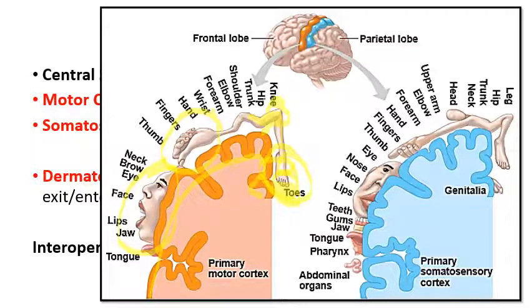Right. Now if you go over here to the somatosensory cortex, you'll see that not very much of the brain is dedicated to feeling things on your foot. And that's why if you're like me, if you have an itch on the sole of your foot, you have trouble finding where to scratch it, because first of all the skin on the sole of your foot is very thick, so it's hard to scratch anyway.